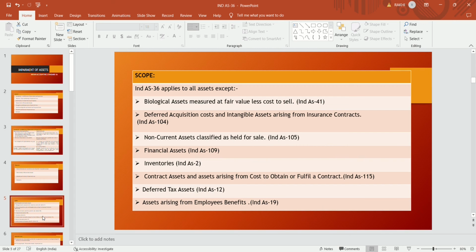There is a separate standard to determine if there is any impairment in biological assets. There is a separate standard to deal with that kind of impairment.